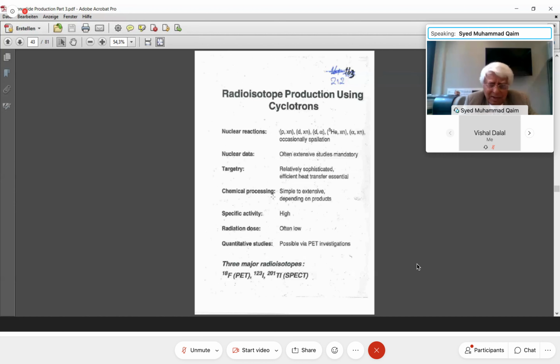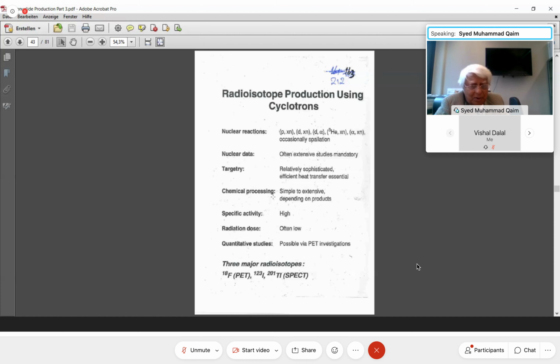Next is chemical processing, which is similar to that in the reactor production. It could be simple or it could be extensive. If it is a spallation process, it could be extensive. If it is a PN reaction, it is simple. Specific activity is generally high because a new element is formed through protons, neutrons and alphas, so you can separate easily.